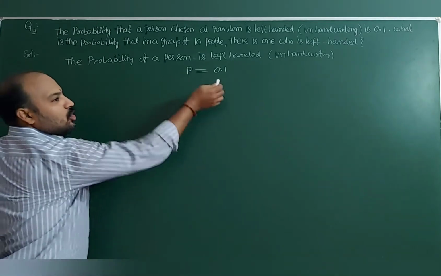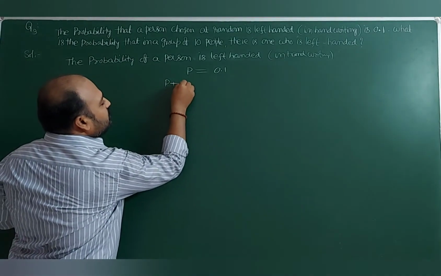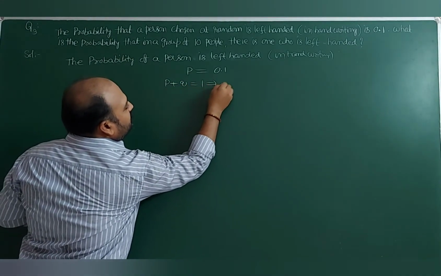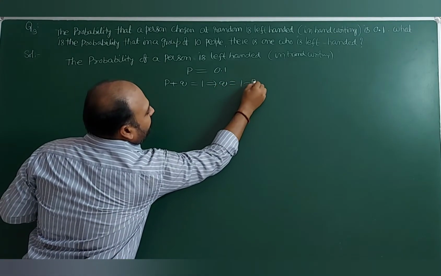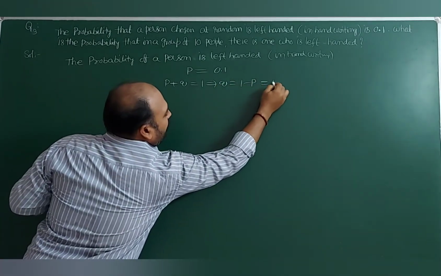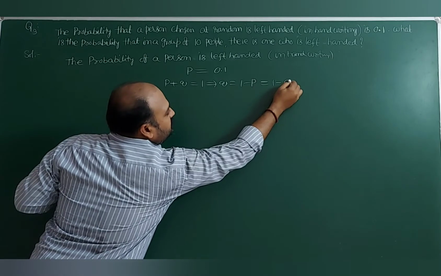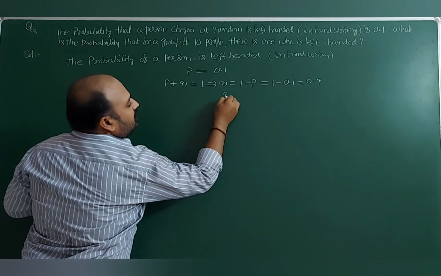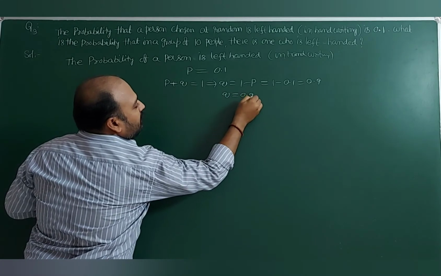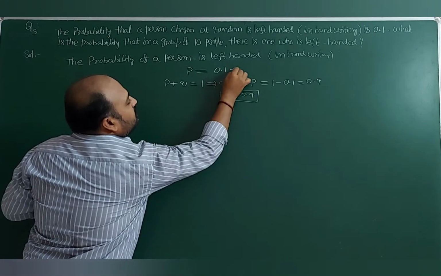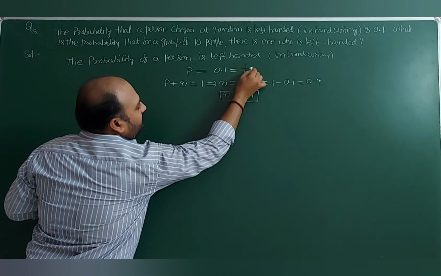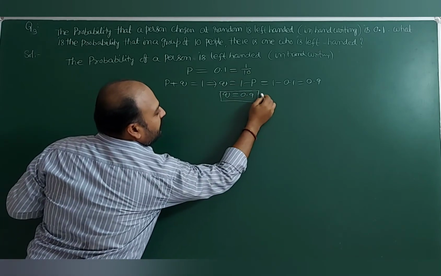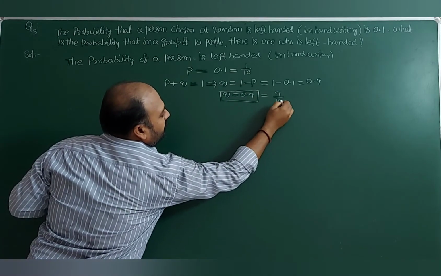So P is equal to 0.1, and obviously P plus Q is equal to 1. That implies Q is equal to 1 minus P, which is equal to 1 minus 0.1, which is equal to 0.9. So therefore Q is equal to 0.9. P is 0.1, which means 1 by 10, and Q is 0.9, which means 9 by 10.